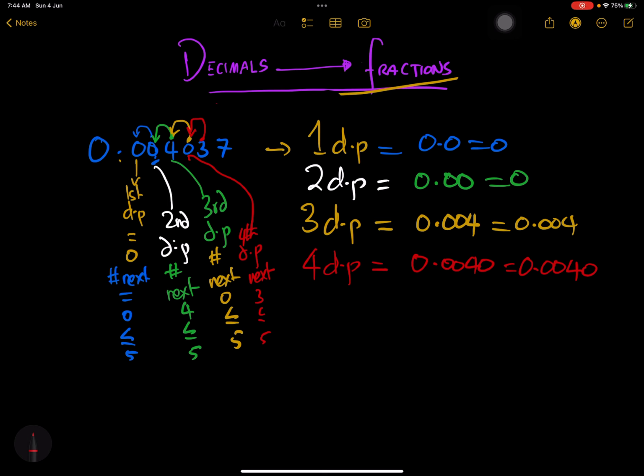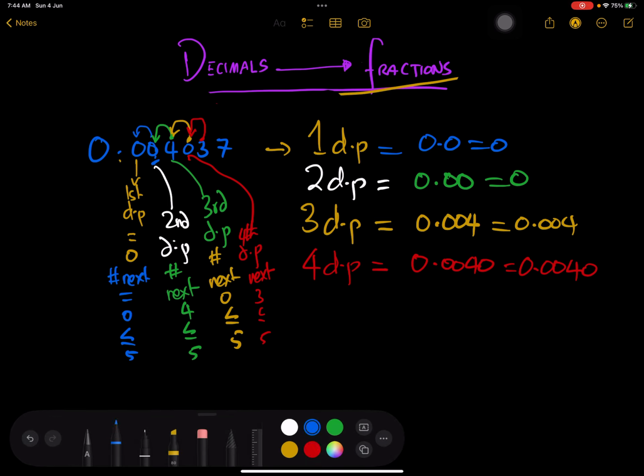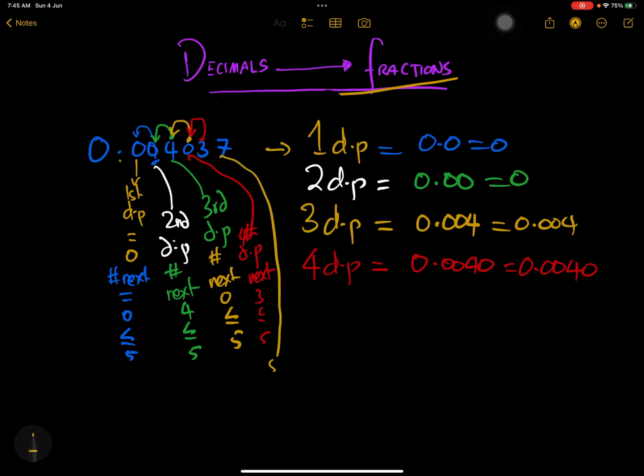Finally, our fifth decimal place number is 3. And the number next after this 3 is 7, which is greater than 5.